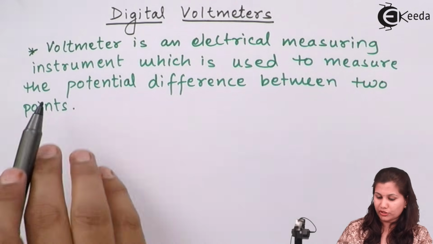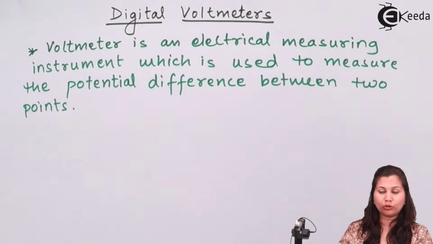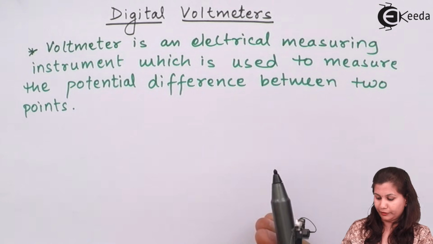Now the voltage which is measured can be an AC voltage or a DC voltage.